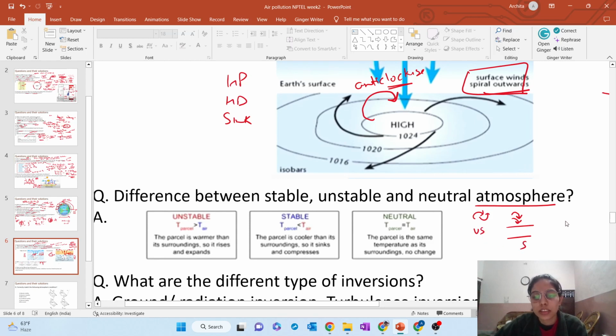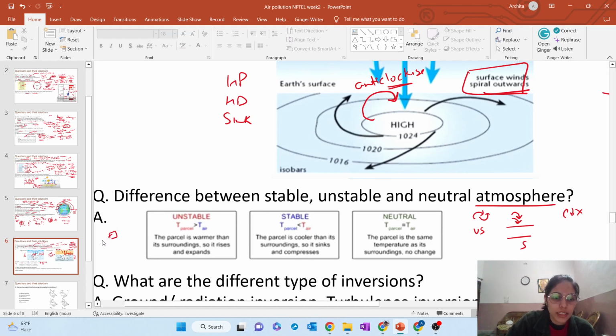In neutral, generally the atmosphere is not neutral as such, but neutral is when there is no change in the atmosphere. There is no upward and downward motion, it's stagnant. So unstable means that, let's say we have an air parcel. Okay, this air parcel, and this is the outside air.